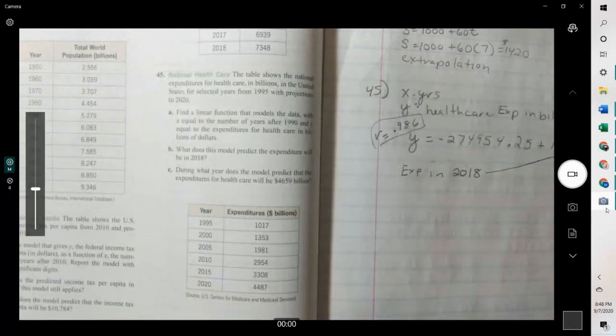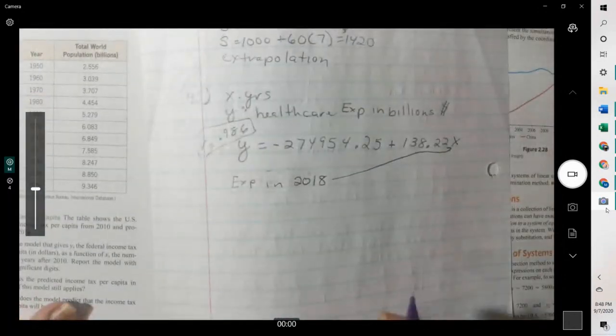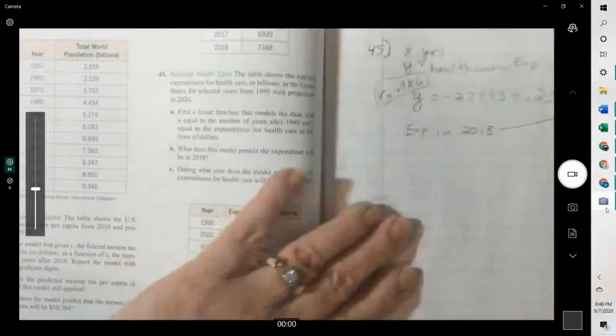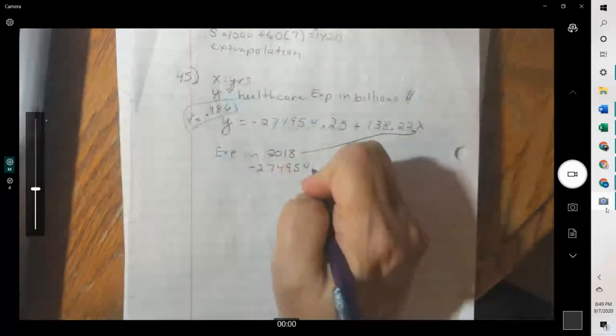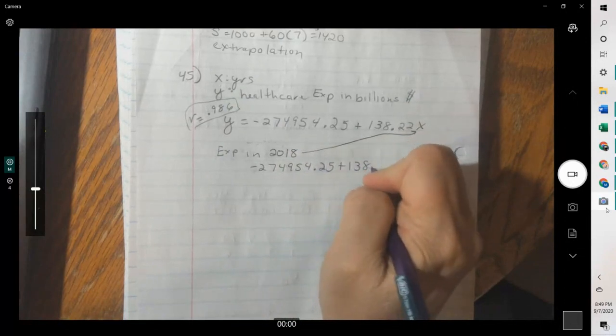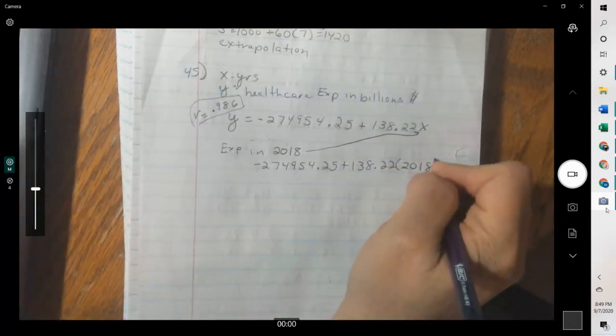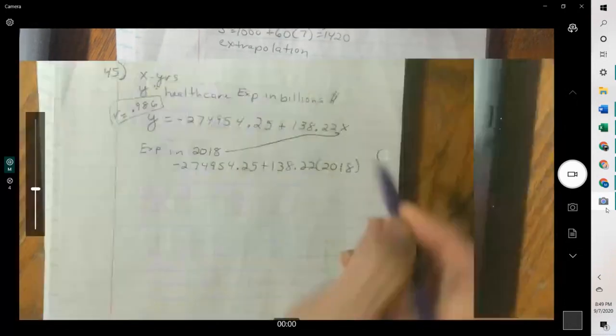So we just plug in 2018 for x, the whole year.